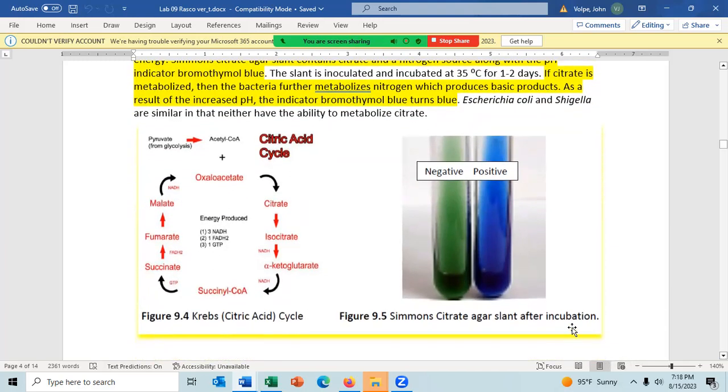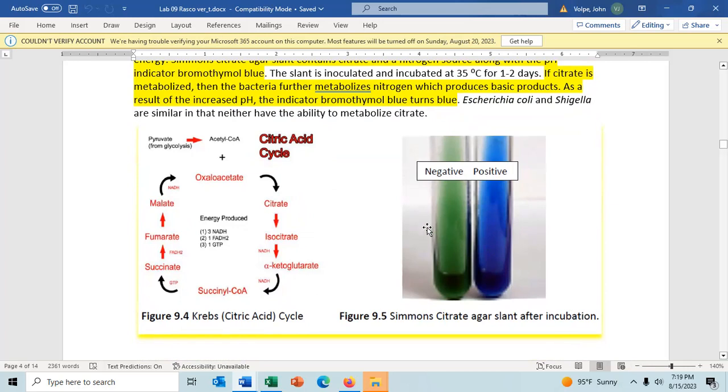The basic products will make the tube change color to blue. So if it's blue in color and you can see bacteria growth, it is positive. If it's negative for the citrate test, generally the bacteria do not grow and the tube does not change color, it remains green.